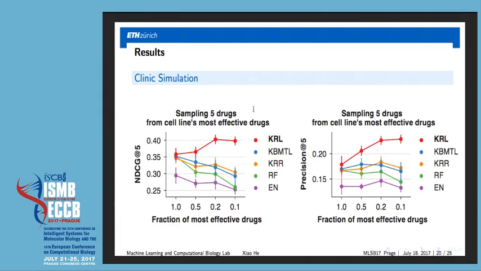We assume that doctors have some prior knowledge to prescribe the drugs rather than random sampling. So 1.0 means these 5 drugs are totally randomly sampled from all the 250 drugs, and 0.5 means doctors have some prior knowledge and sample only from the top 50% most effective drugs. And 0.2 is 20%, 0.1 is 10%.